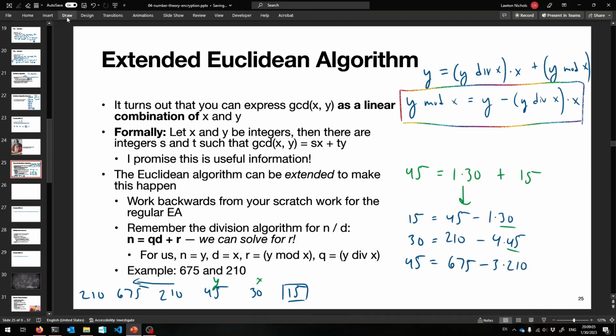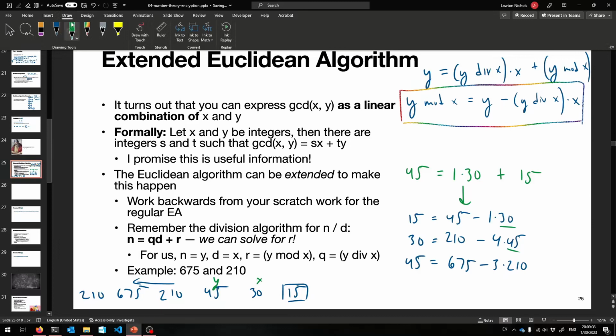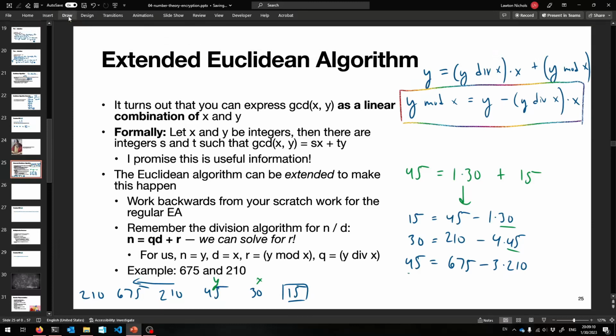So you can always solve for these equations like this, and what do you know? This, 45, is equal to a linear combination of my two original numbers, and then what's 45 but stuff involving the next numbers, and stuff involving 30, and then what's 30? That's stuff I can solve for in terms of the other things, and eventually end up at 15, all right? Because that's the answer.